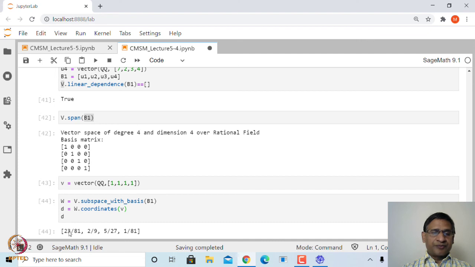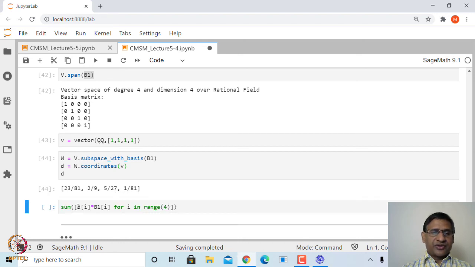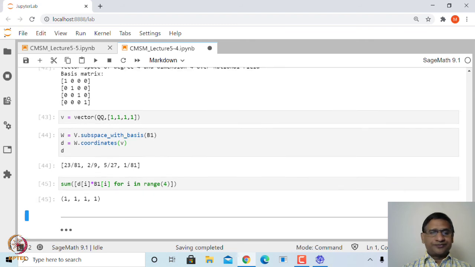That is how you find the coordinates. So these are the coordinates. You can check that, for example, this times u1 plus this times u2 plus this times u3 plus this times u4 should be equal to v. Let us just check that. The sum of di times bi should be equal to v. That is what you get. So that is the coordinate.